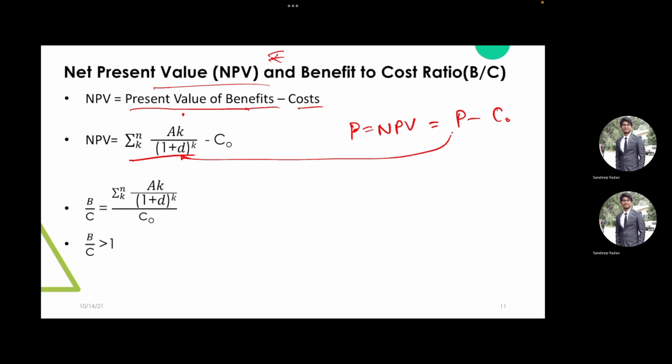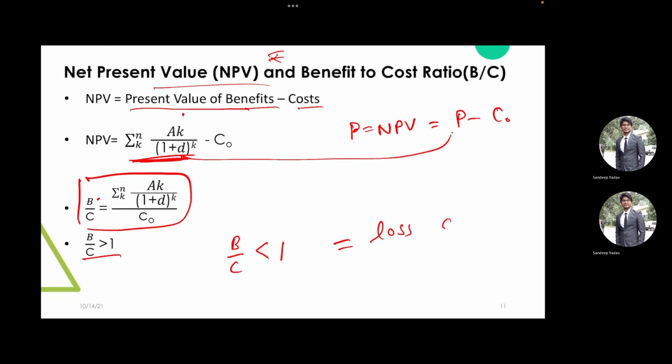Now the benefit to cost ratio: these are our benefits, these are our costs. So B by C will be the benefit to cost ratio. For viability, the benefit to cost ratio should always be more than 1, because if it is less than 1, there will be a loss, and we don't want to make any loss for any industrial or personal purpose.